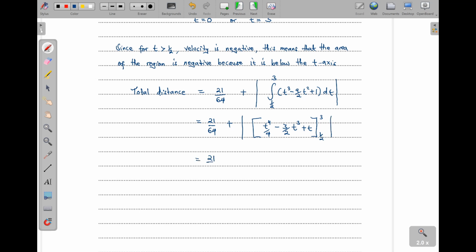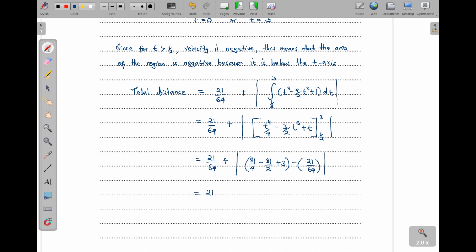I put 3 power 4, that is 81 over 4, minus 3 cubed is 27, times 3, that will give us 81 over 2, then plus 3. Then minus, now when you put a half in here, we saw already that it gives us 21 over 64, so you don't have to waste time.